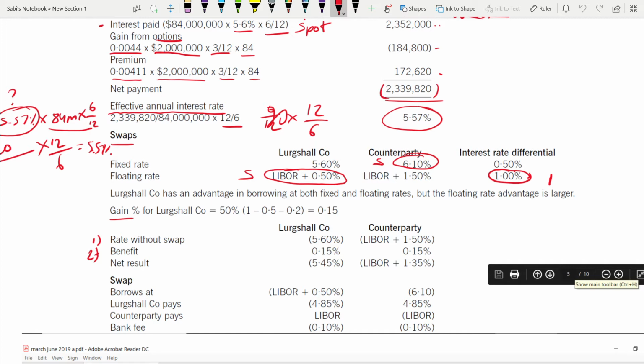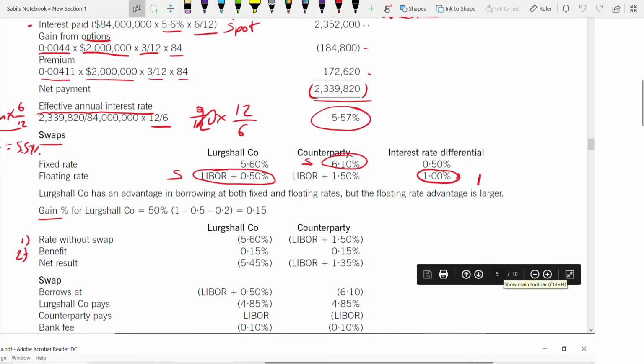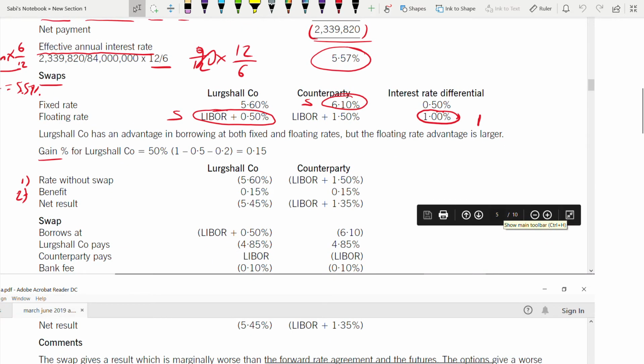Okay, so it is here. Write without swap and write with swap, and whatever the difference is, it is the benefit.